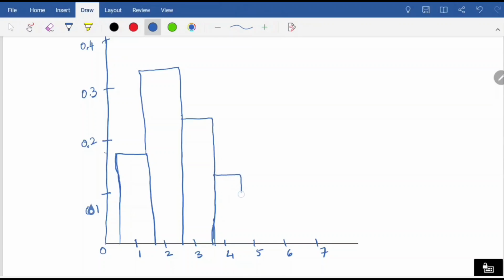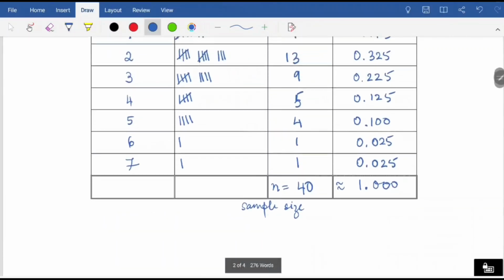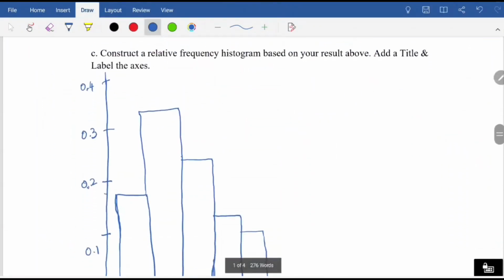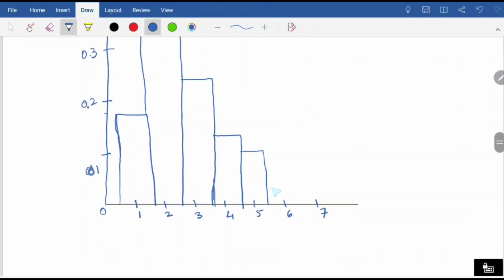Let's make it here. And then 5 was 0.1. So that's somewhere here. Okay, and the last few were 0.025. So 0.025 would be a quarter way between 0 and 0.1. All right, so maybe we'll just make it like this. Okay, so this is our relative frequency.